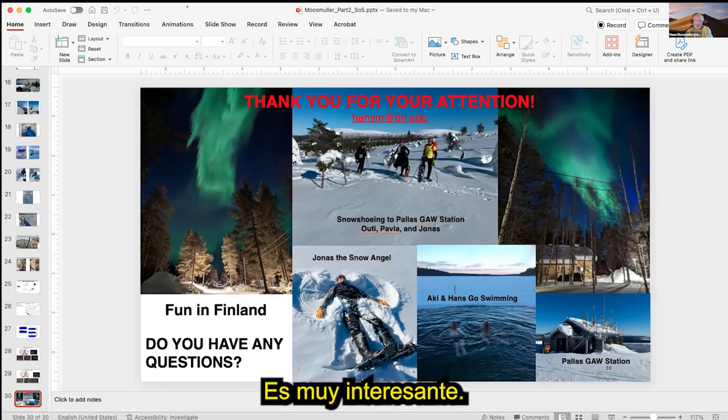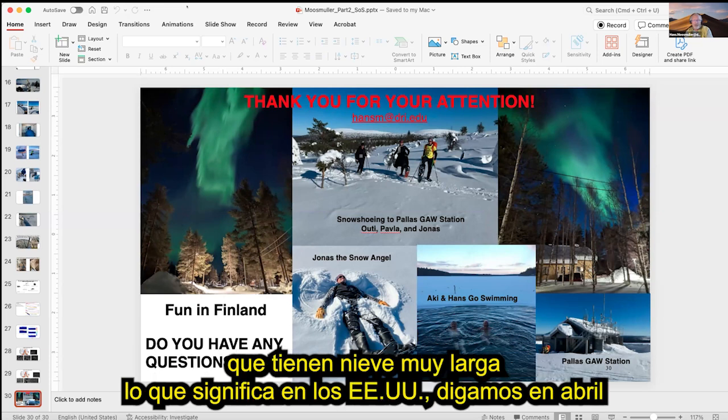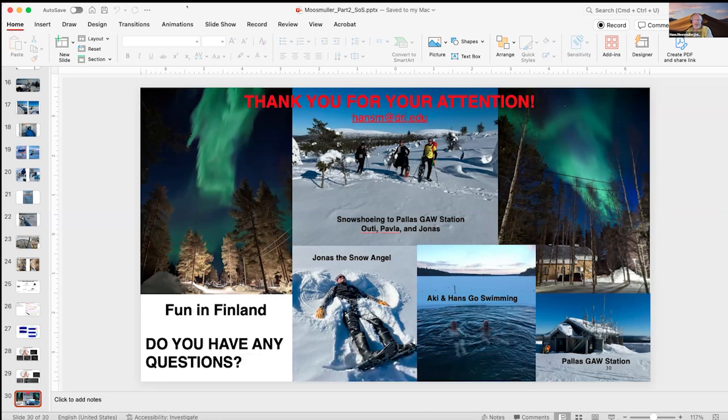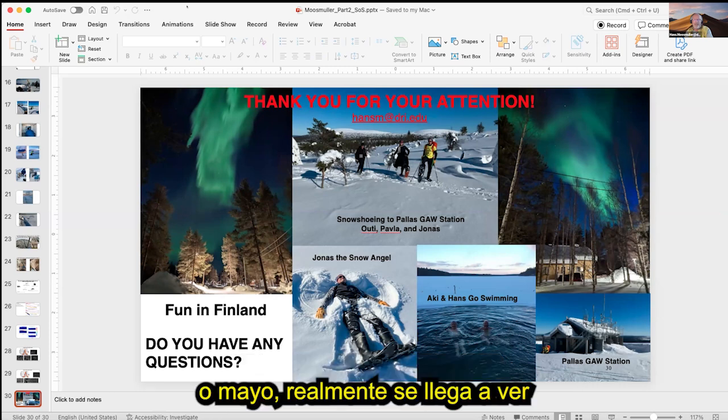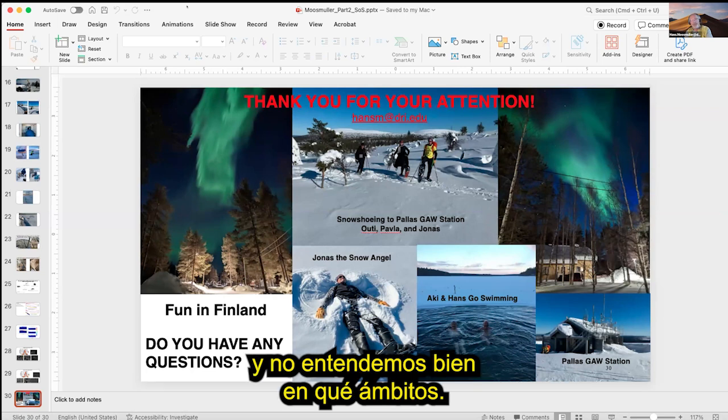Well, it's very interesting. I mean, just anecdotally, when I go backcountry skiing in spring, in the areas which have snow very long, meaning in the US, let's say in April or May, you really get to see snow algae. And in some areas, they really dominate, and we don't have any good understanding in what areas.